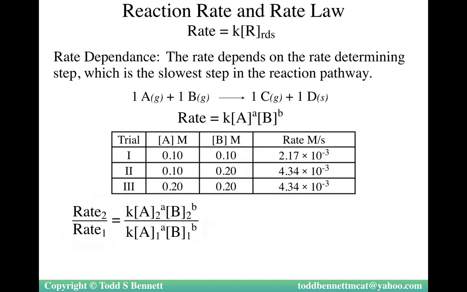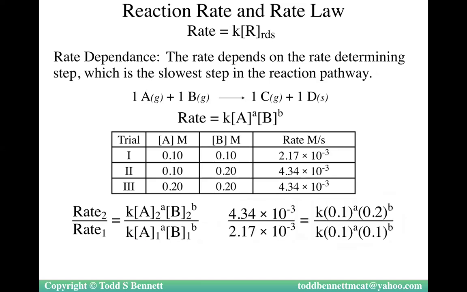So I'm going to compare rate 2 to rate 1. 4.34 divided by 2.17 is 2. A2 and A1 are both the same number, so they're going to cancel. K is going to cancel. And I'm going to be left with the ratio of the B. So again, the canceling, that equals 2. That equals 2 to the B. So let me get rid of my purple.